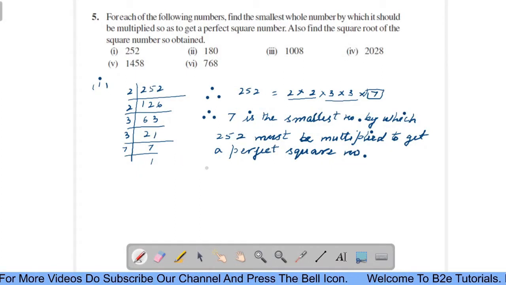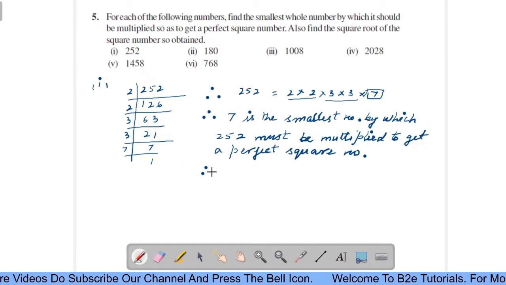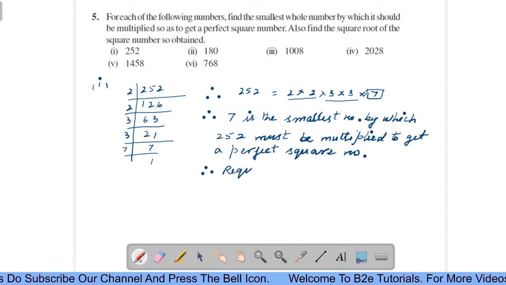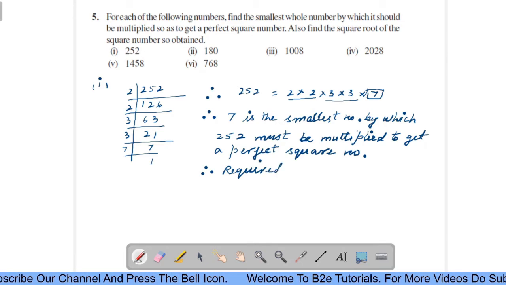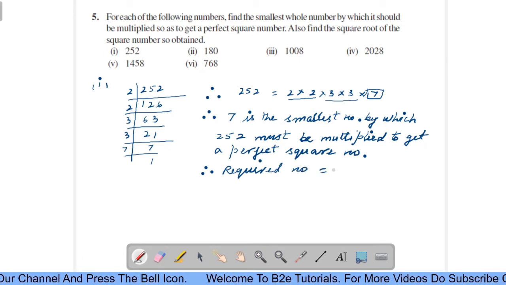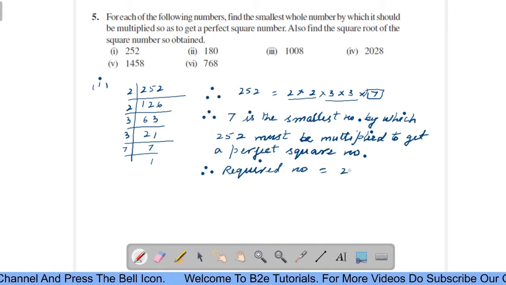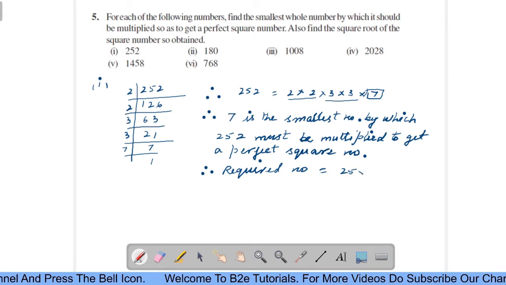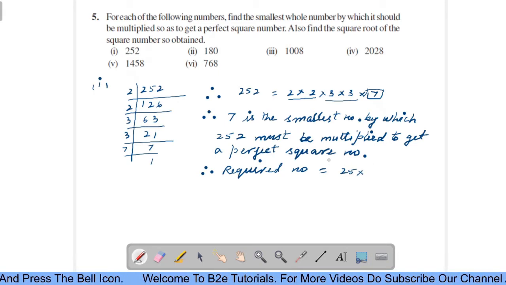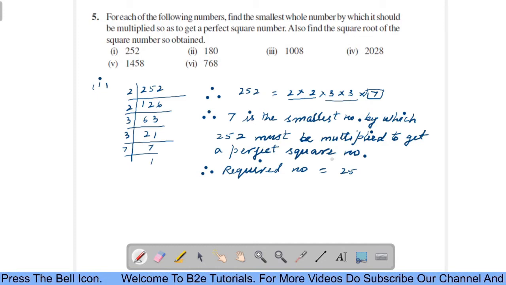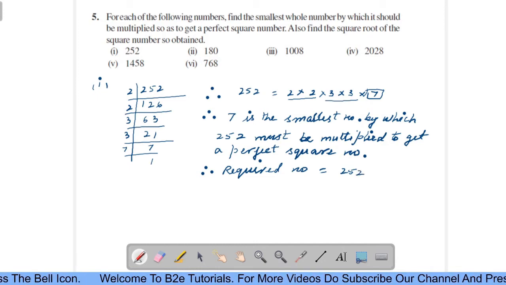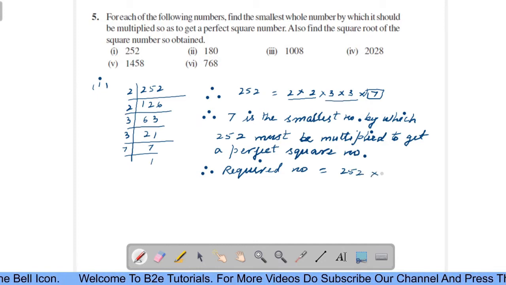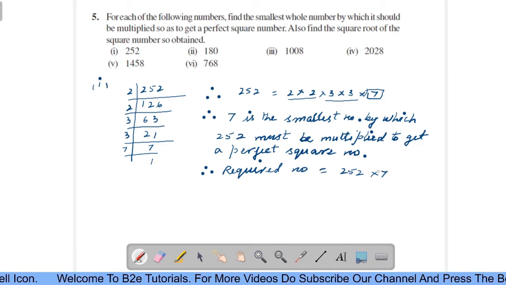Therefore, required number will be 252 into 7.